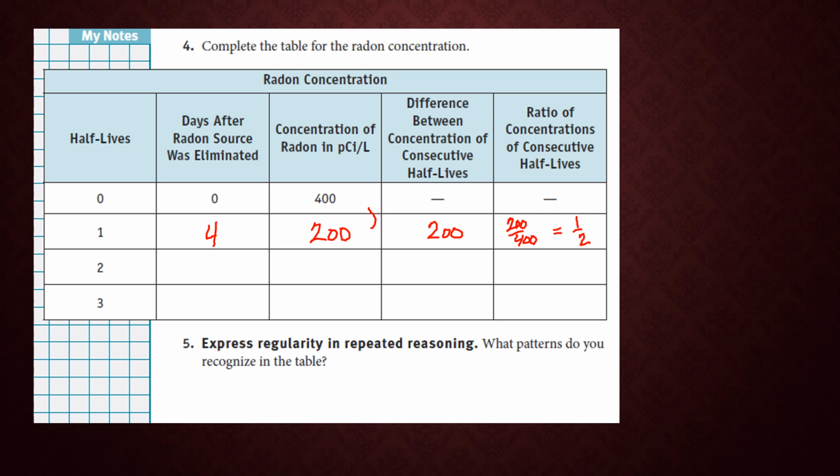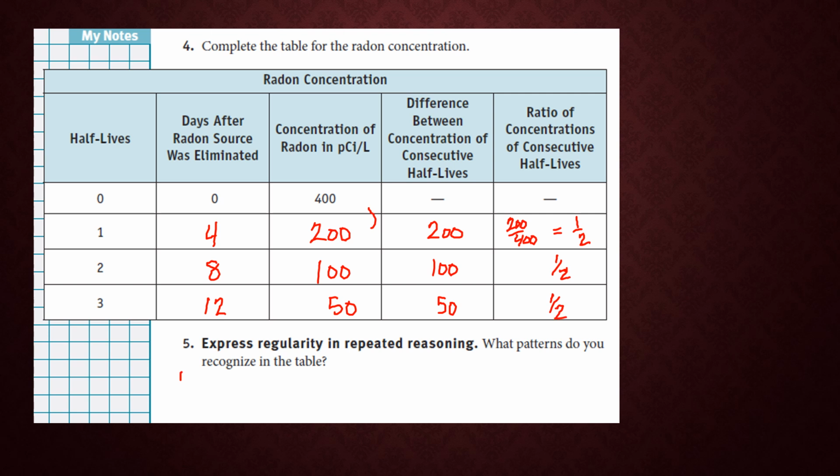And after the next half-life, which would be 8 days, it would be down to 100. So the difference would be 100, but the ratio 100 to 200 would still be 1/2. And then the third half-life would be after 12 days. That would be down to 50. And the difference is 50, but the ratio 50 to 100 is still 1/2.